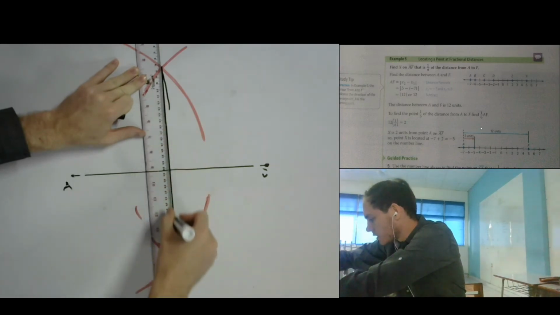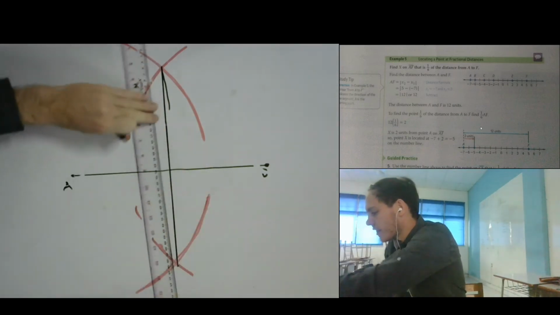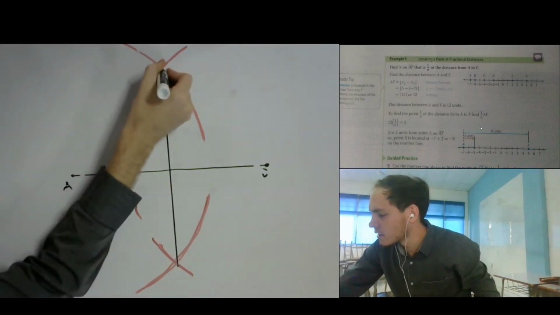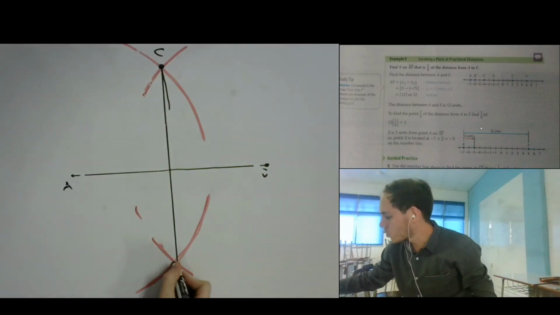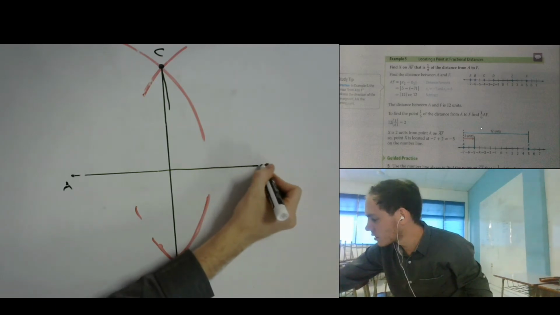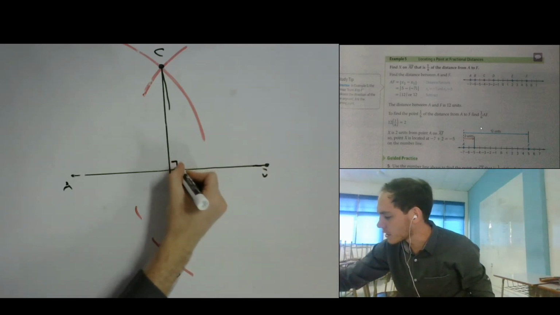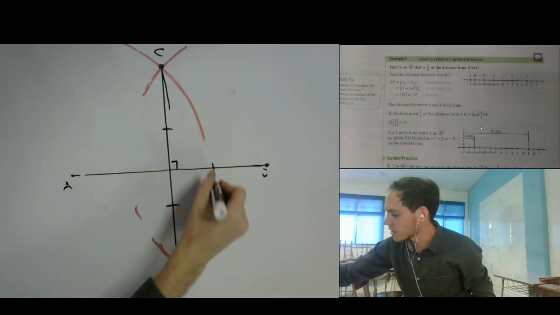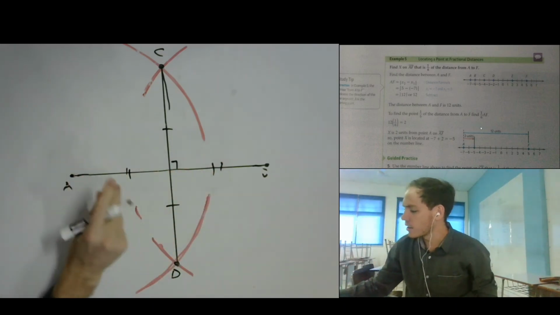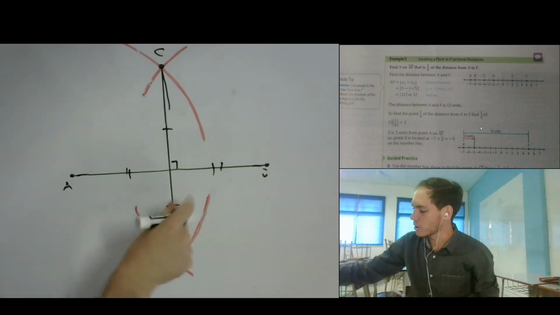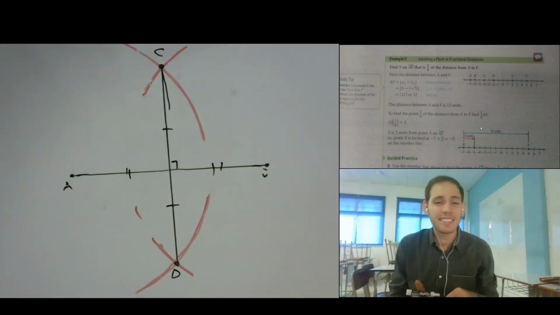Make sure the line is straight. This line, let's call it CD, is going to be the perpendicular bisector, where these two are congruent and these two are congruent. So that's the key concept.